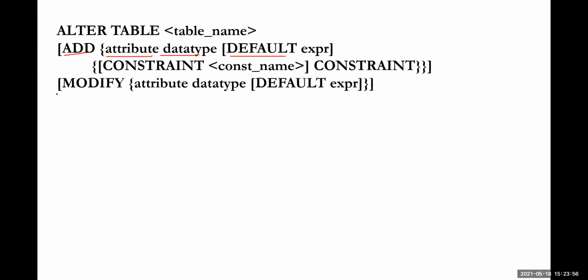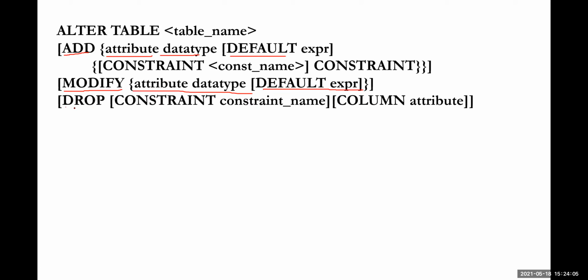Otherwise, you can perform MODIFY with the same things, attribute name or default value expression. If a constraint is no longer required for your column, then you can DROP the constraint name. And drop can also operate on a column: drop column, column name or attribute name.